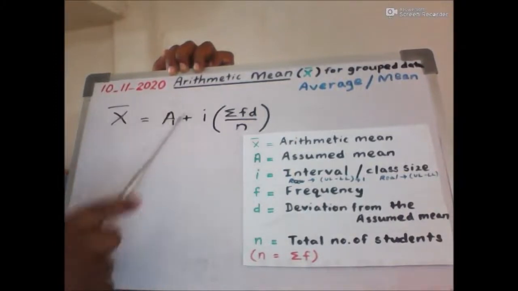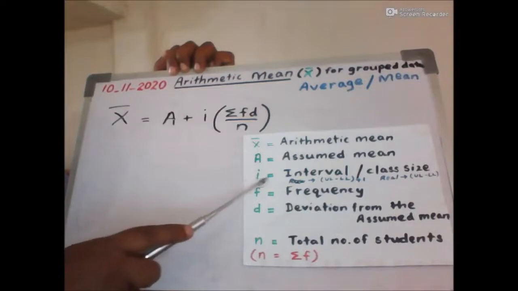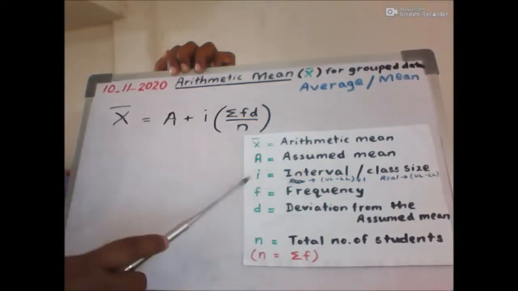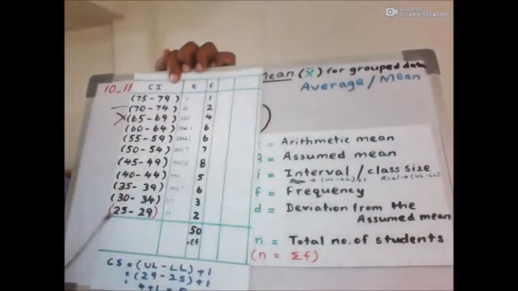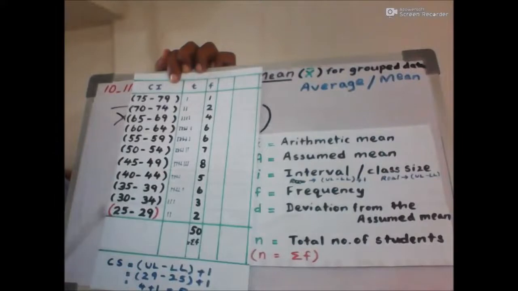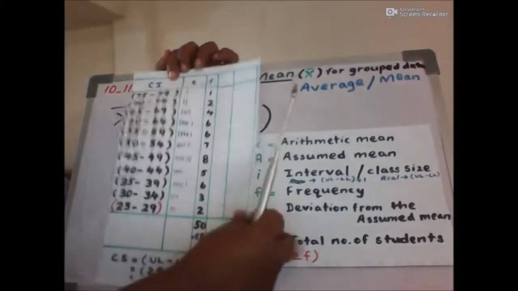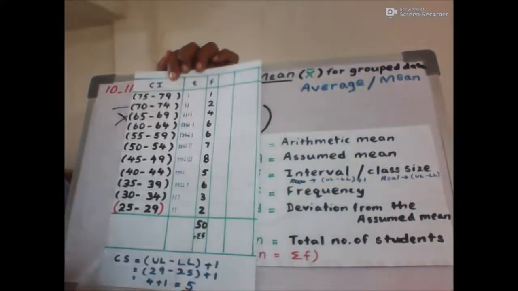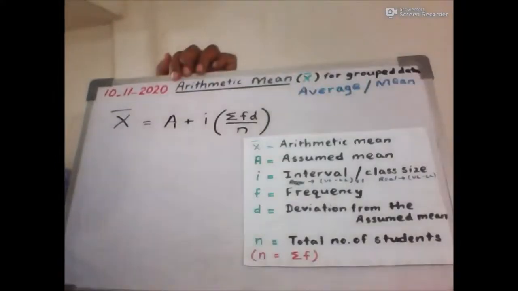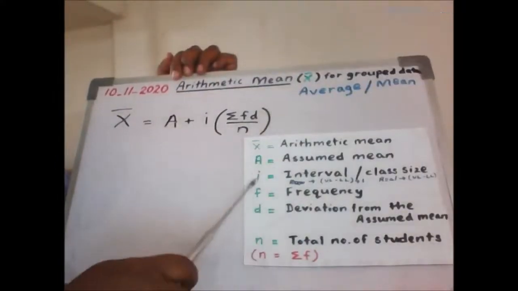And I is the class size, class interval or class size. Now already you have calculated the class size here. Now these are row limits. So the class size is upper limit minus lower limit plus 1. Here the class size is 5. That's the class size you have to enter here, I.